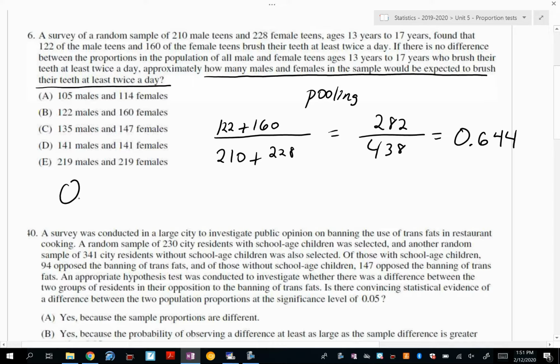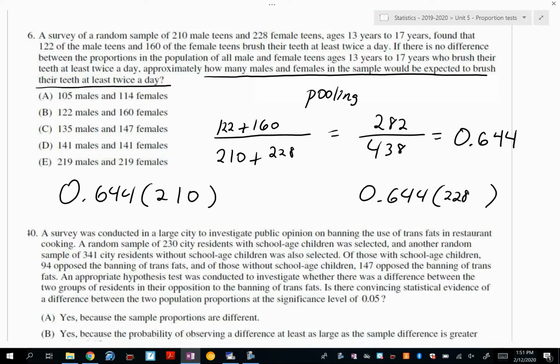So you take this 0.644 and multiply it by the number of males, 210, and the number of females, 228. If you do that, you will get your answer. The males is 135, and the females, 147. So it's C.